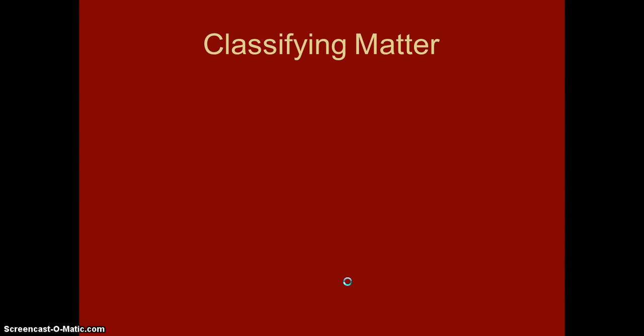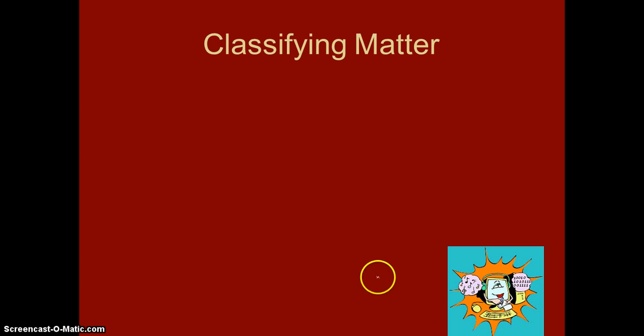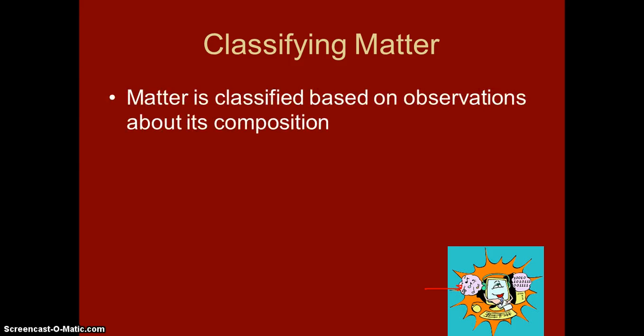Now that we know the difference between matter and things that aren't matter, and mass and matter, what do we do with it? How do we classify it? Well, the first thing you have to know is that all classifications are going to be based on observation. So we're going to input something that we see or observe, and then we're going to organize it into these nice groups.